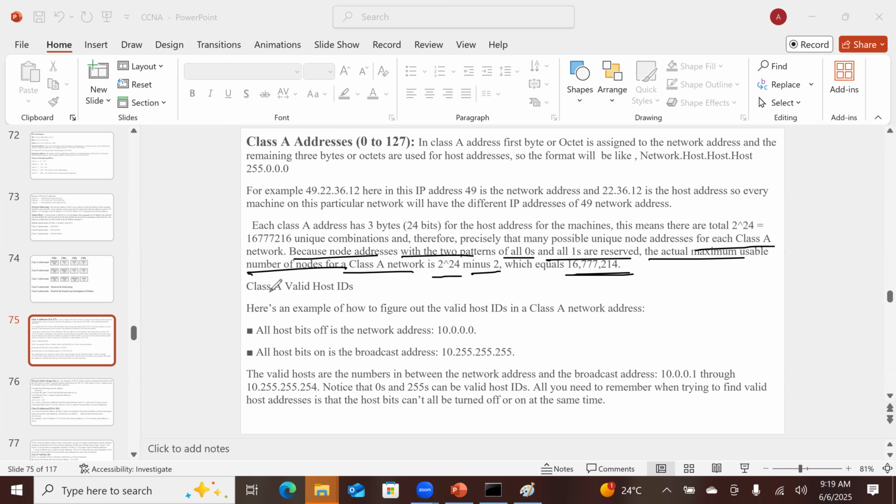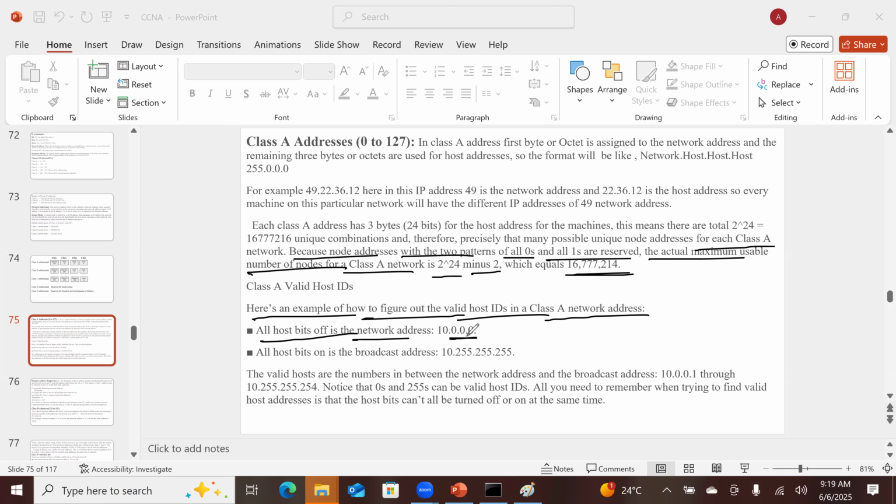Okay, class A valid host IDs. Here is an example of how to figure out the valid host IDs in a class A network. If all host bits are off, that will be the network address, for example 10.0.0.0. This is the network address, where all host bits are 0.